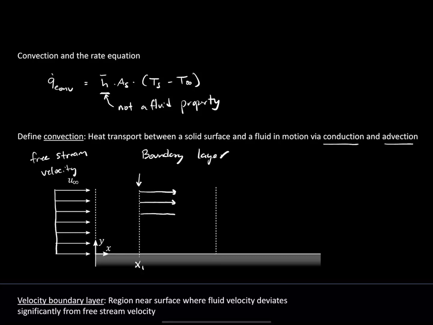As you get closer and closer to the plate, there's going to be a shear force in the fluid, and that shear force is going to cause the velocity to slow down. So the velocity profile might look something like this. We're out here at the free stream, so there's this disturbed region of the domain.